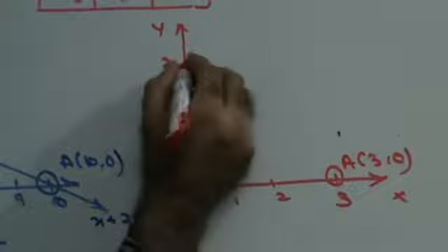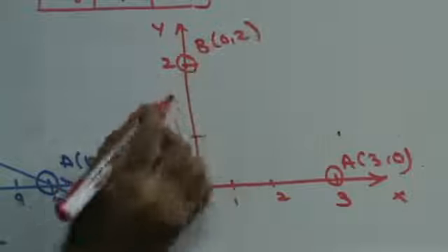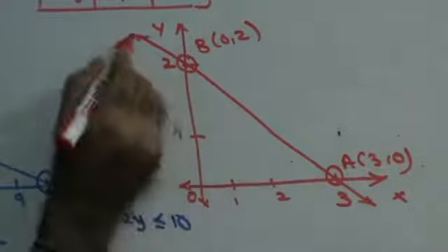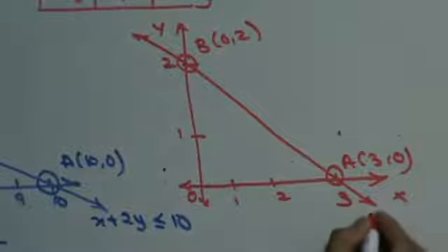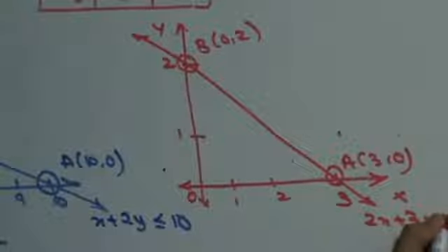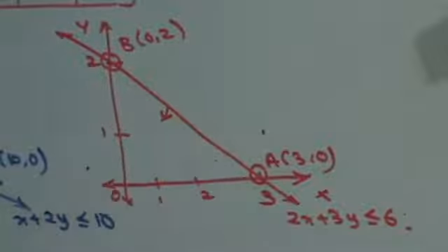And y is 2, so this is going to be B (0, 2). Join this. If I join this, it is nothing but 2x + 3y less than or equal to 6. Less than means it has to be behind this line.